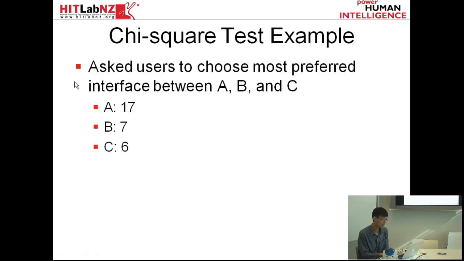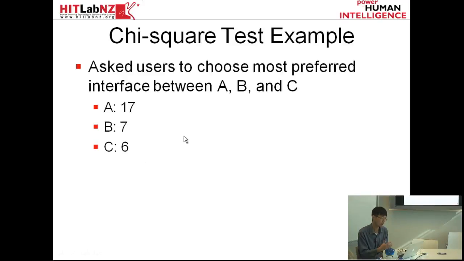So let's say in your experiment you had 3 different interfaces, and you asked them to choose the most preferred interface out of them. And then let's say 17 people chose A, 7 people chose B, and 6 people chose C. And what you want to say here is, subjectively speaking, it's obvious that people choose A more than the others.